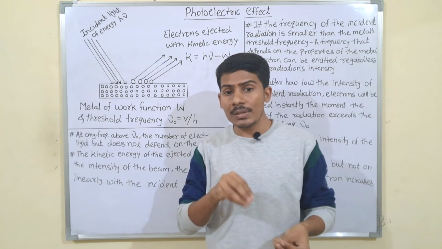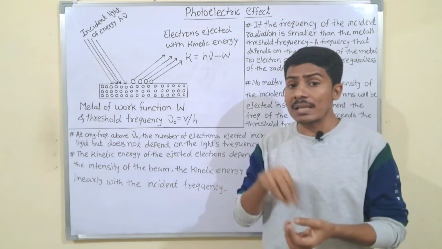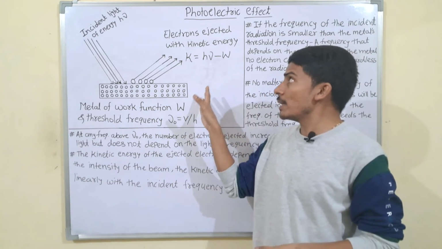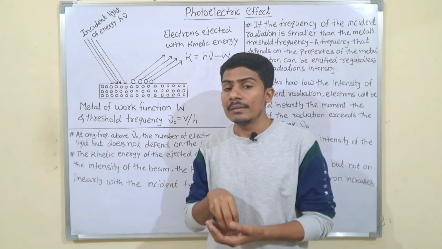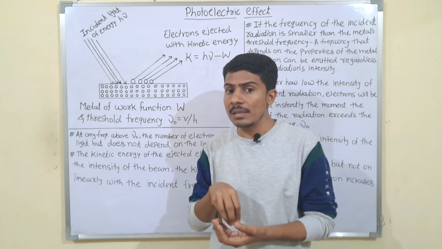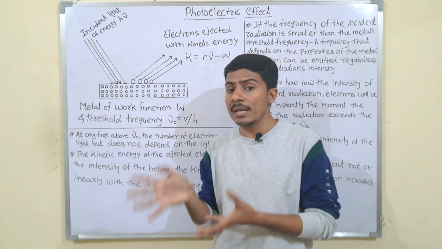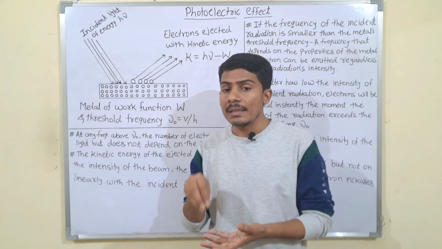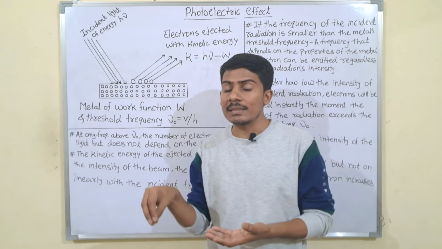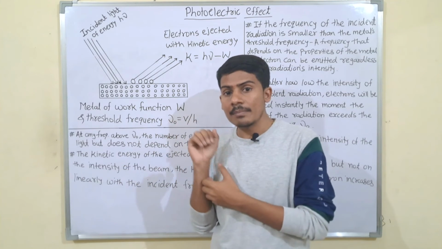Therefore, even at low intensity of light, ejection of electrons from the metal is possible, provided it exceeds the threshold frequency of that metal.